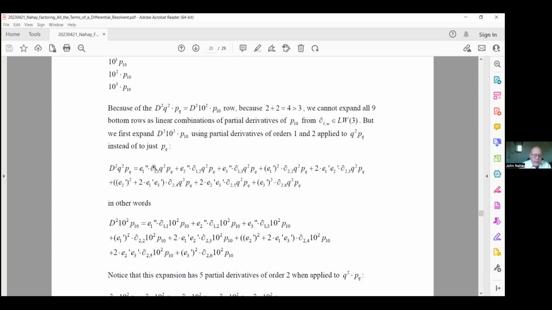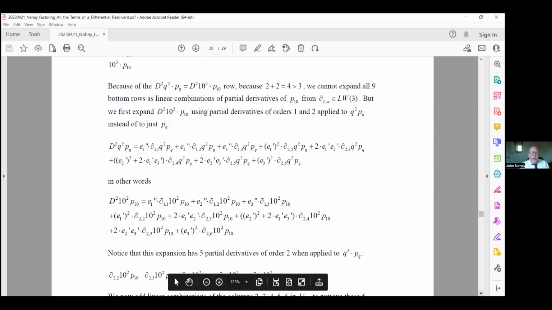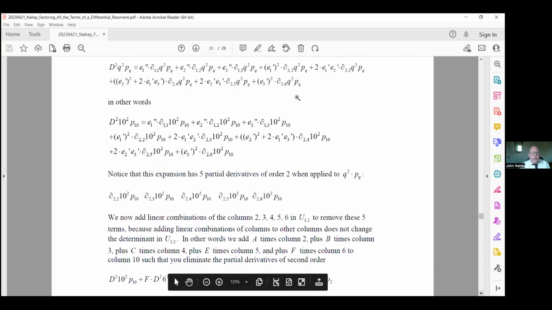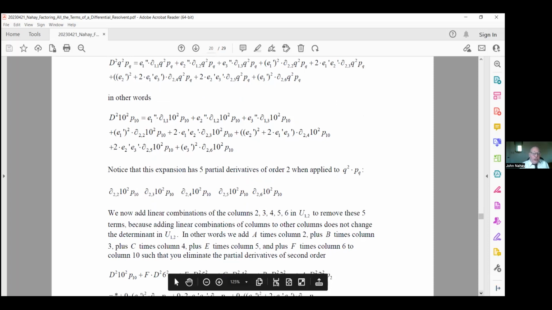So here's del 1 up to del 2 on Q squared PQ. You add linear combinations of the columns to eliminate those del 2 through del 2 terms. Again, adding linear combinations does not change the determinant.